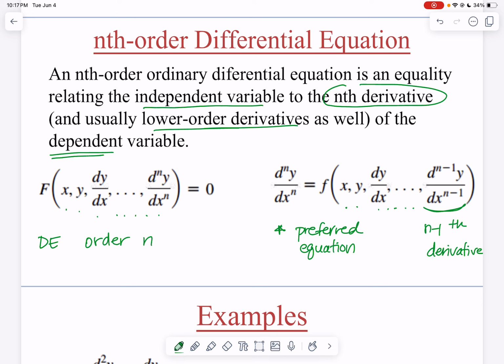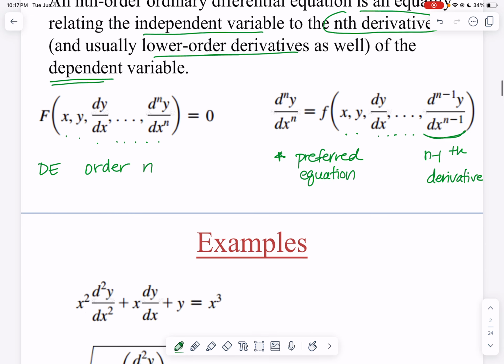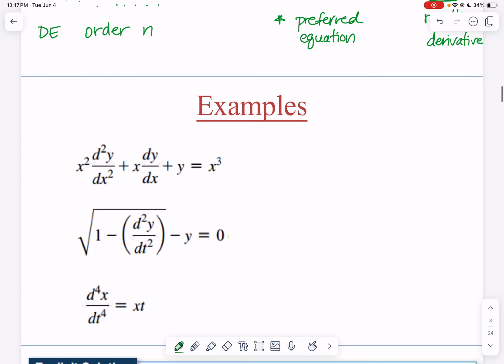Okay, let's take a look at some examples. Here you can see that we have a second order differential equation. So we have order 2, and this is an ordinary differential equation. And here we have that x is the independent variable and y is the dependent. So y is a function of x.